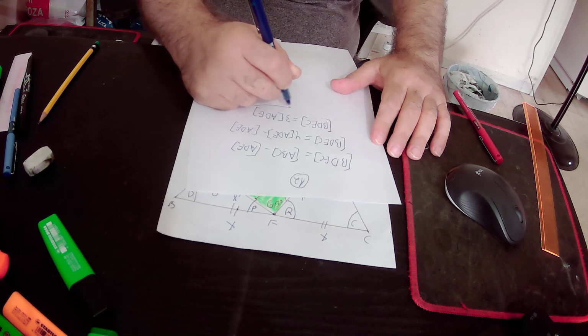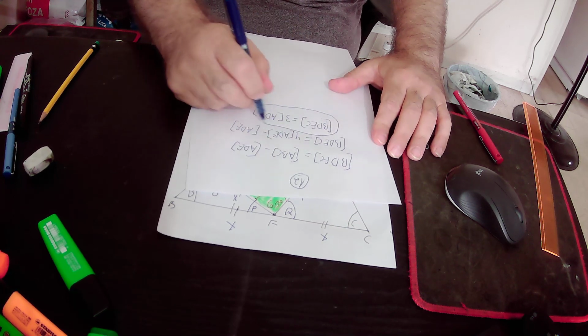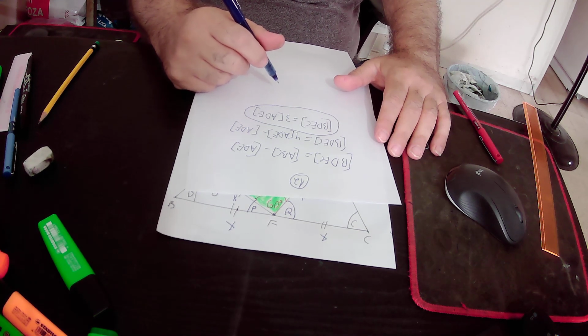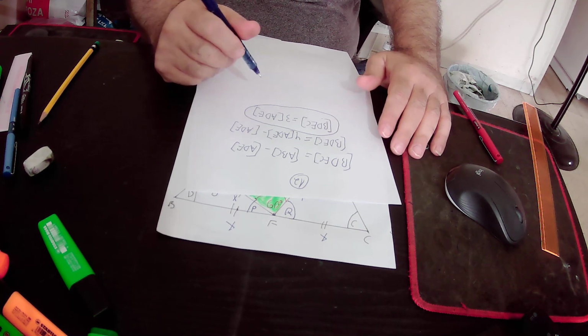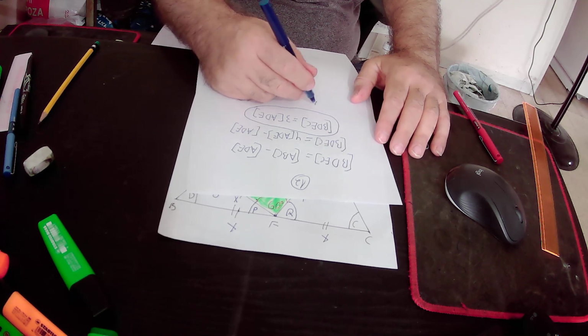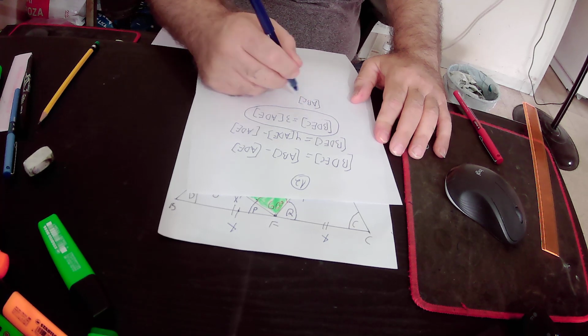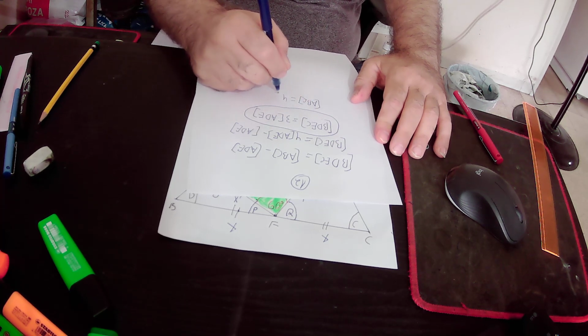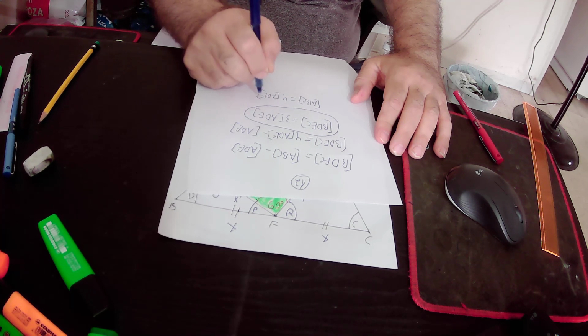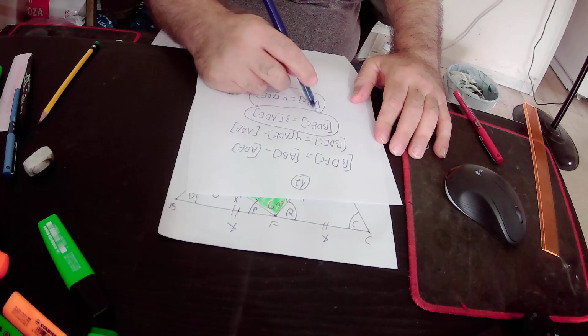Okay, and we also know that the area of triangle ABC equals 4 times the area of triangle ADE. Okay, I will add here that the area of triangle ABC equals 4 times the area of triangle ADE.